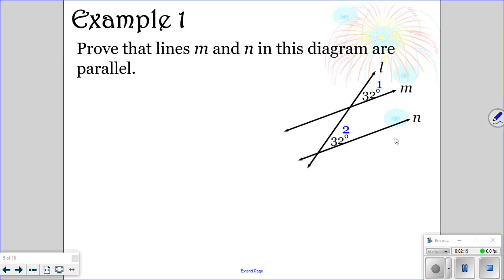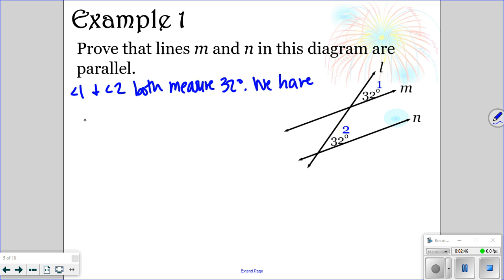So we want to prove that lines M and N are parallel. So if you look here, based on the information that they give us, angles 1 and 2 both measure 32 degrees. We have congruent corresponding angles.